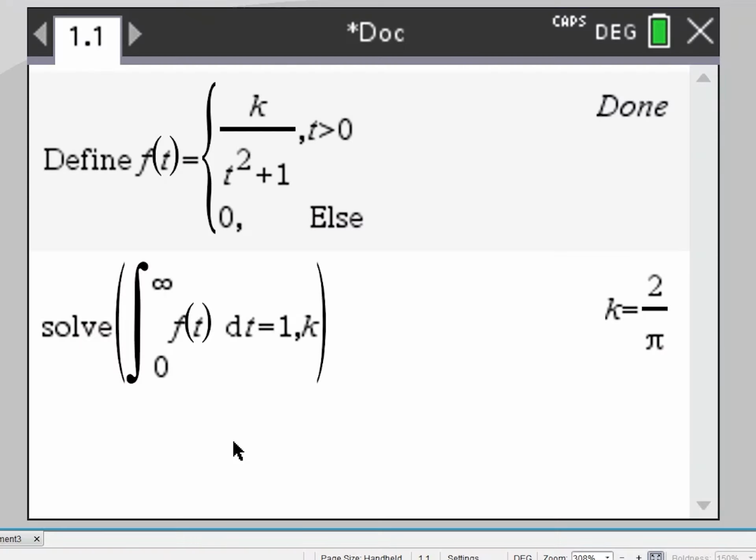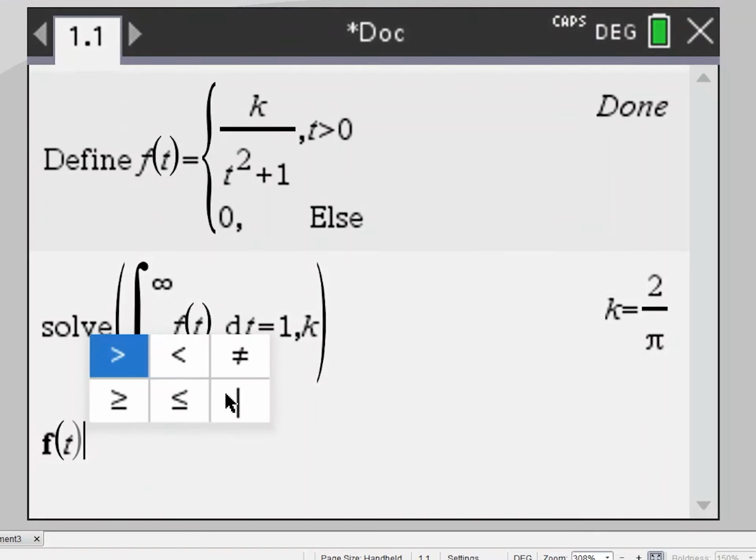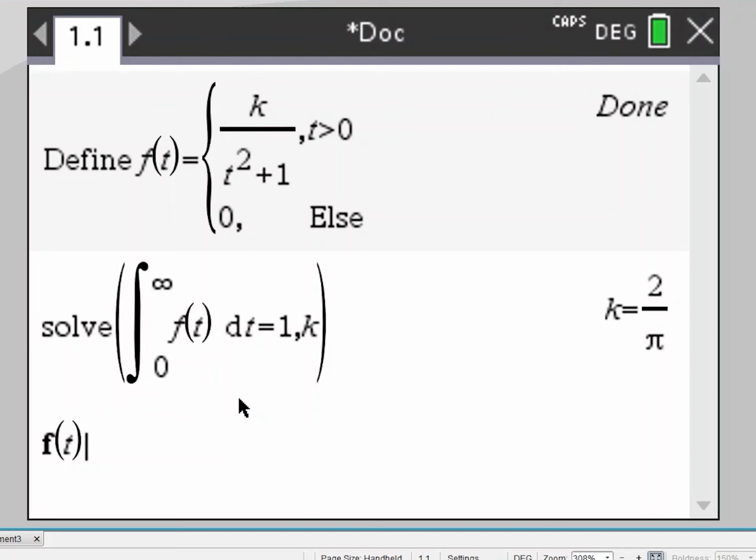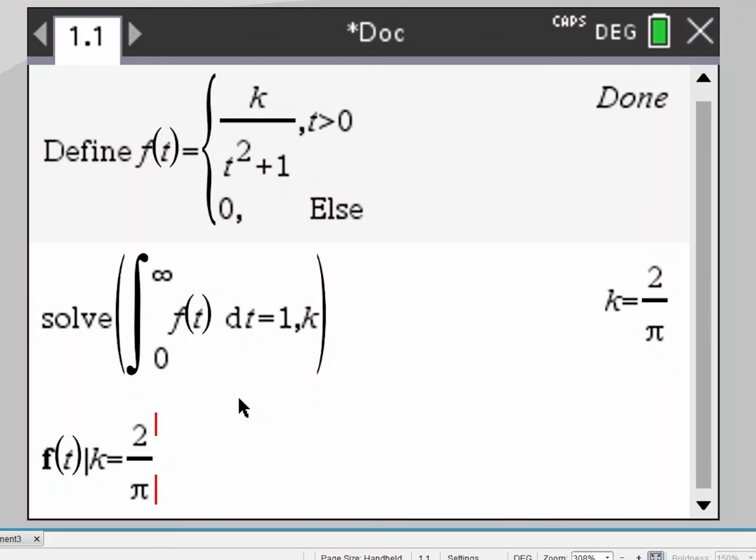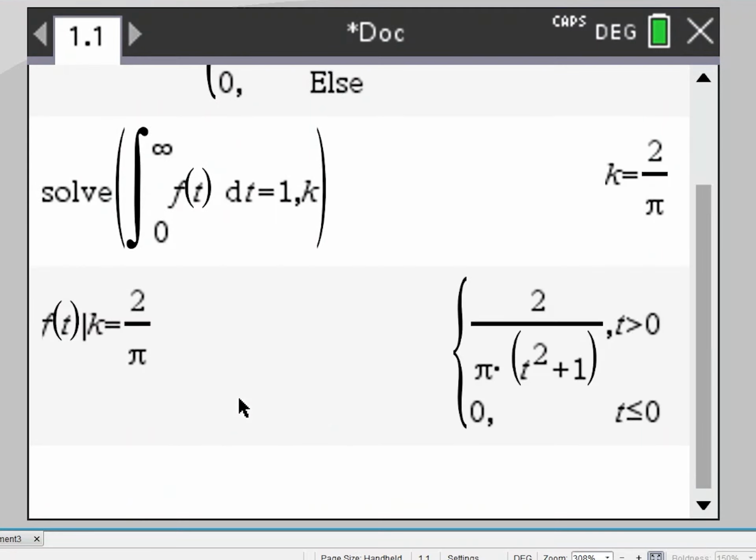Alright, so let's now find the probability that t is going to be greater than or equal to 3. Now, before I do that, I need to first input k equals 2 over pi in my CAS calculator. So let's do that real quick. F of t, and then navigate yourself to control, press equals to. Now, press this sign over here, and I'll just type in k equals to 2 on pi, press enter, and now as you can see, it's in our function.